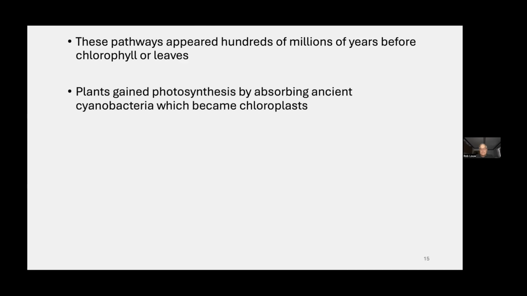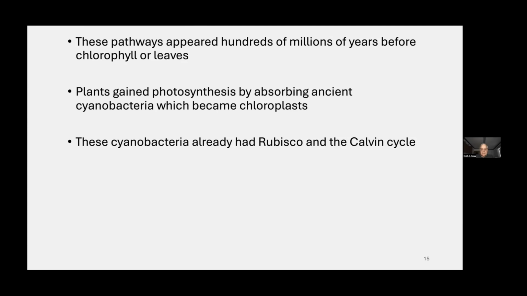And interestingly, plants gained photosynthesis by absorbing ancient cyanobacteria, which became the chloroplasts in the leaves. The cyanobacteria already had RuBisCO, a key enzyme in the Calvin cycle, and they were already using the Calvin cycle.